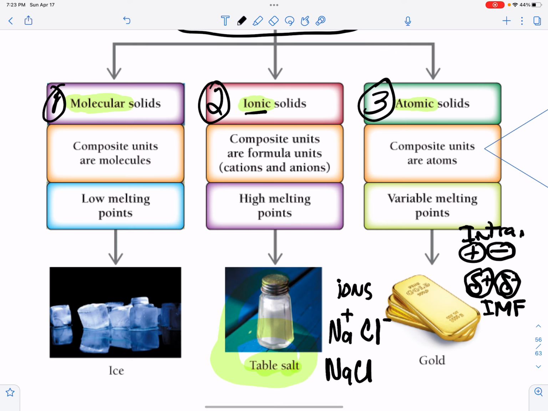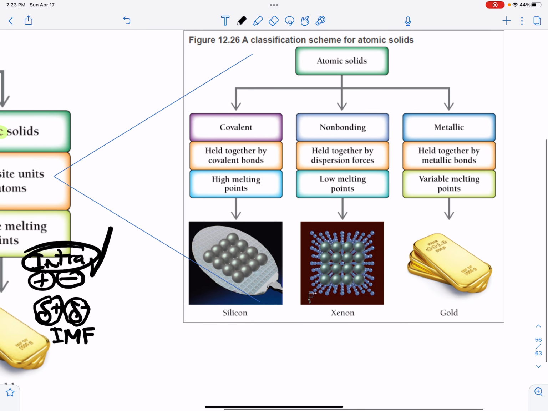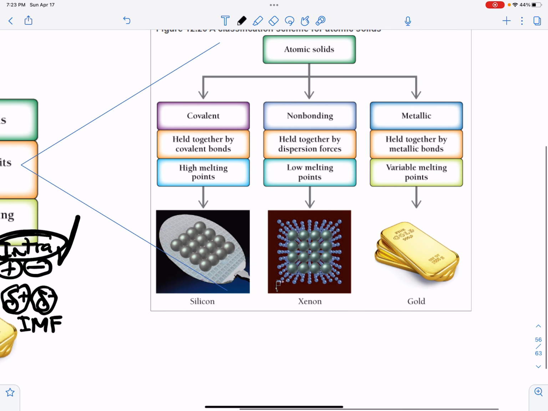So this one is the strongest one. Intra is always stronger than intermolecular forces. So every time you see a metal with a non-metal as part of the formula, you're dealing with an ionic solid. What about atomic solids? Atomic solids have a subdivision, and you're going to have covalent solids.